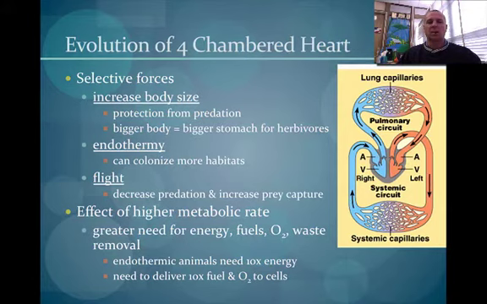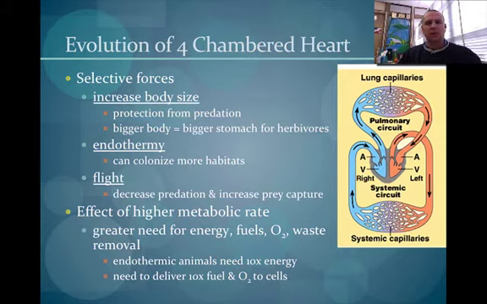You had endothermy, which allowed organisms to colonize areas that were uninhabited because they could maintain their internal temperature. And you had flight starting to develop, which allowed these animals to avoid predation but also allowed them to catch a lot of prey.